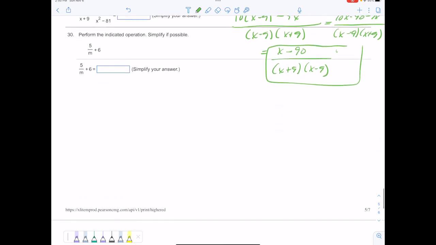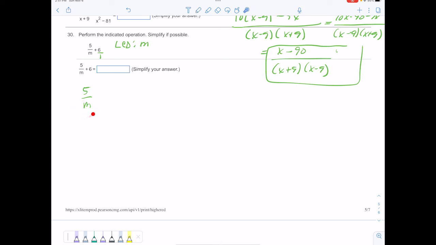In number 30, again, you're trying to add a fraction and a whole number, and they don't have the same denominator. So I'm going to find the least common denominator. The denominator here is a 1. So my least common denominator has to be just the letter m. So I'm going to take each fraction and multiply it by what it doesn't have.